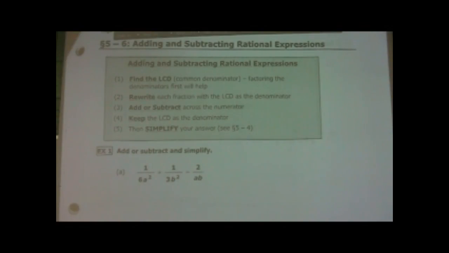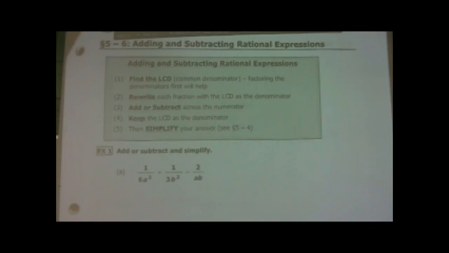When you're finding your lowest common denominator, when you're doing the addition and subtraction of rational expressions, your lowest common denominator is going to be bigger than the denominators of the individual fractions, not smaller. Because sometimes people confuse finding the greatest common factor with the lowest common denominator. Two completely different things.